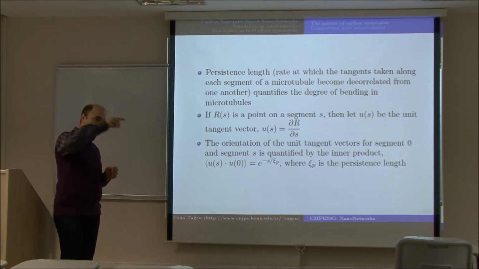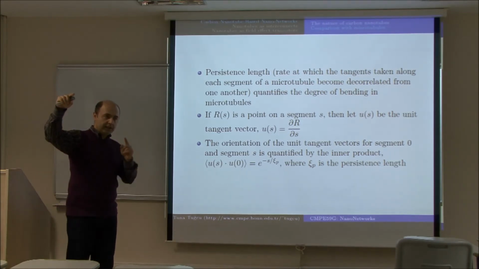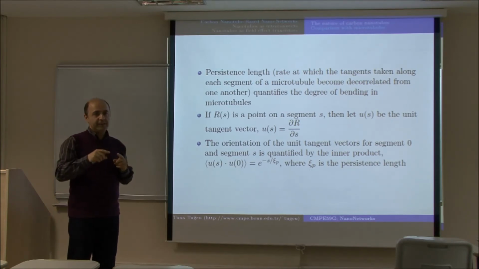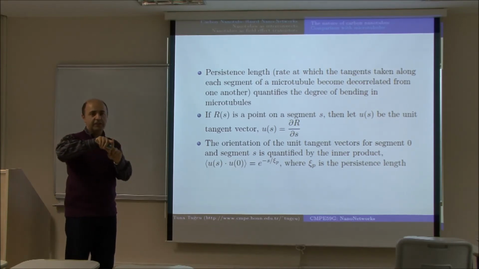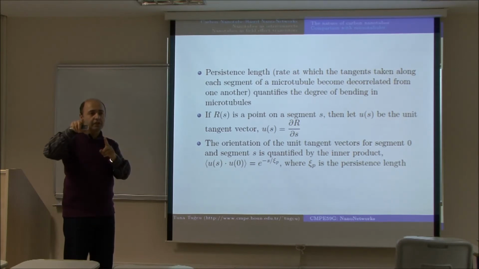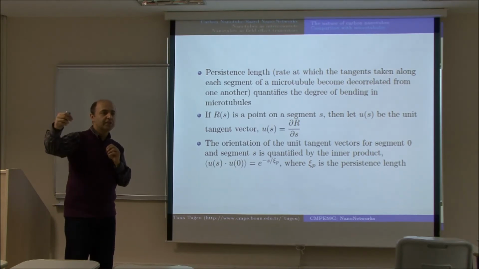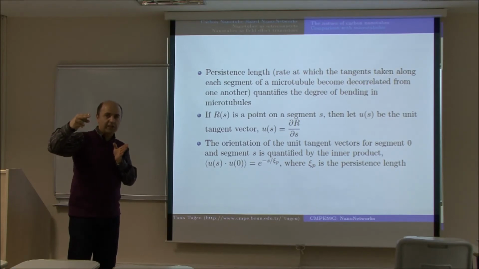That means consider one microtubule, take the tangents along that microtubule. How fast are these tangents becoming decorrelated? If two neighbor tangents are close to each other, then you can say it's almost a straight microtubular section there.